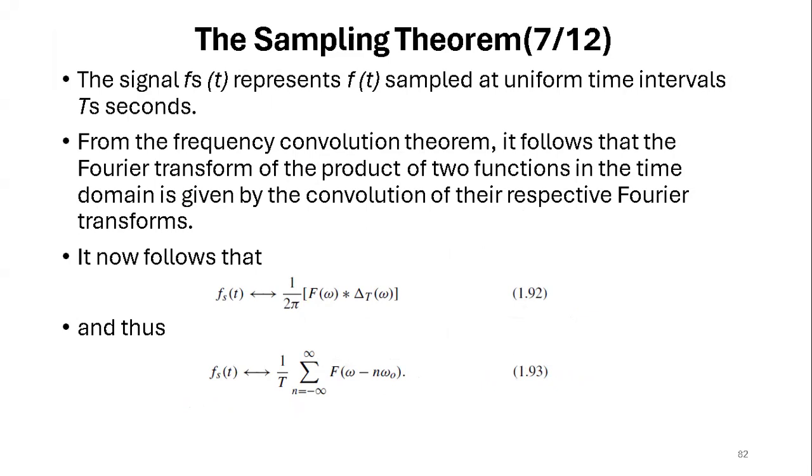It now follows that the sampled spectrum is 1 over 2 pi times F(omega) convolved with delta_T(omega), and thus the sampled spectrum equals 1 over T times the summation over n of F(omega minus n omega naught).